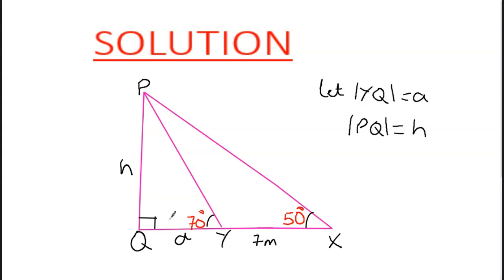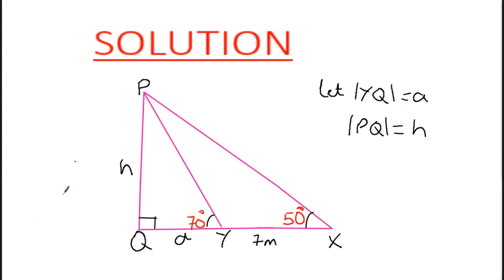Let the distance YQ be equal to a. In that case, XQ is a plus 7. Then let the distance PQ be represented by h. We will consider triangle PQY first.